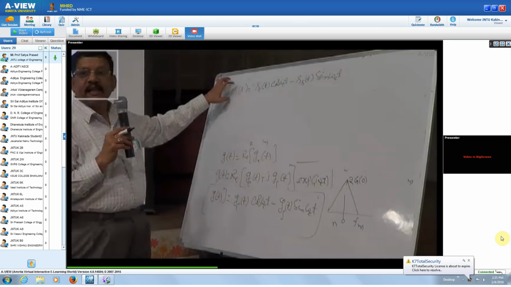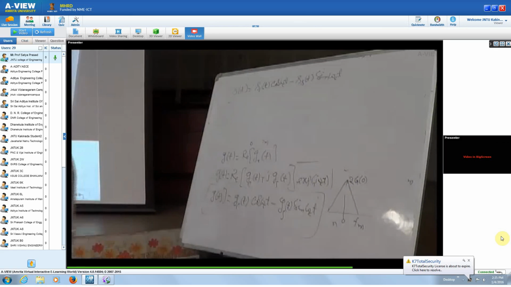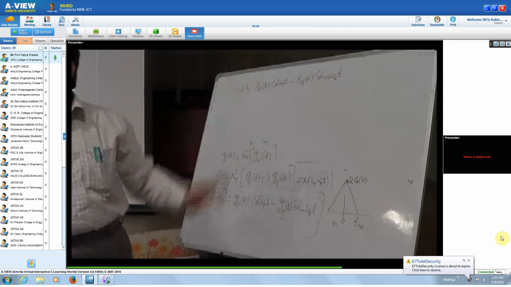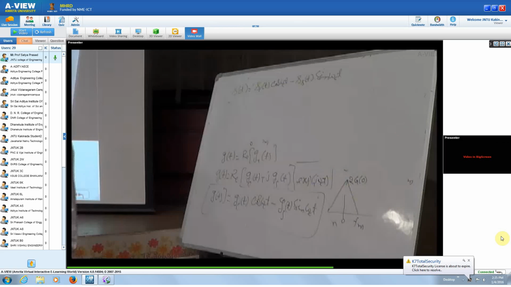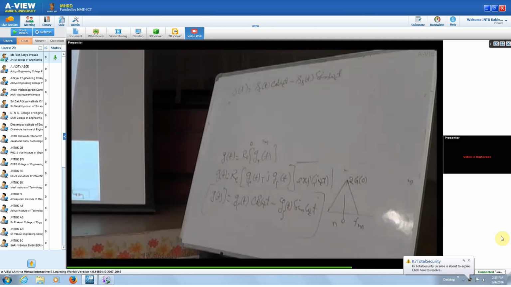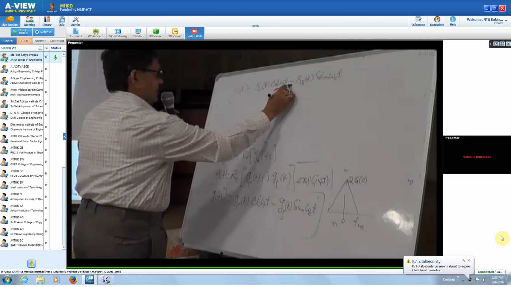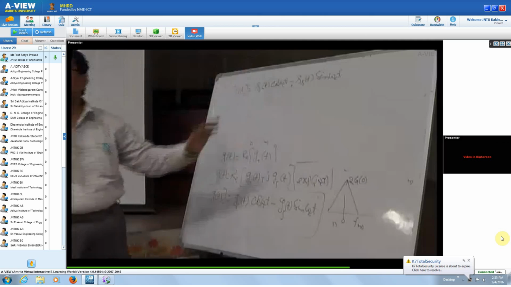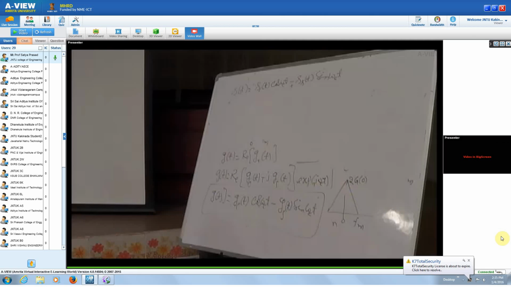So this S of t I am representing as Sc of t, which is the in phase signal, into cos omega ct minus the quadrature phase signal into sin omega ct. This is for upper sideband. For lower sideband this will be a plus. So if you say minus or plus, the upper sideband and lower sideband signals will be coming, whichever way you want it.